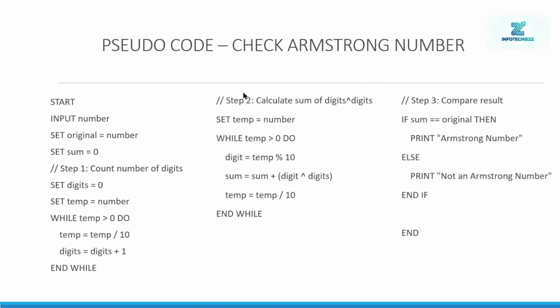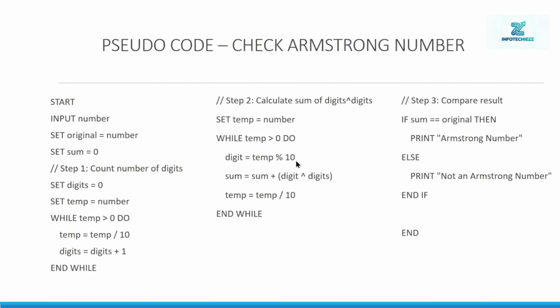And in step 2, I'm going to calculate the sum of digits power n, which means each digit raised to the power n. So here I'm setting another temporary variable, in which I'm storing my original number. In a while loop, I'm giving the condition temporary greater than 0.